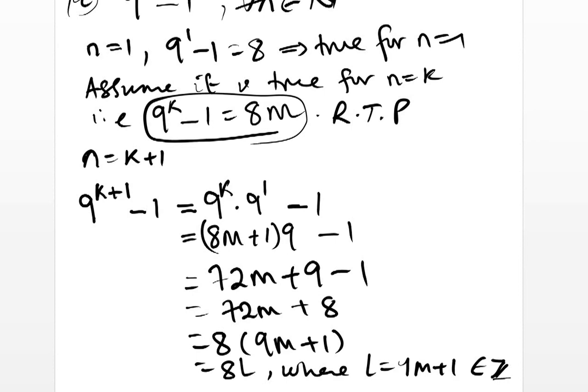Having obtained that value, we see that it is true for n is equal to 1, it is true for n is equal to k plus 1, and hence it is true by induction for all n.